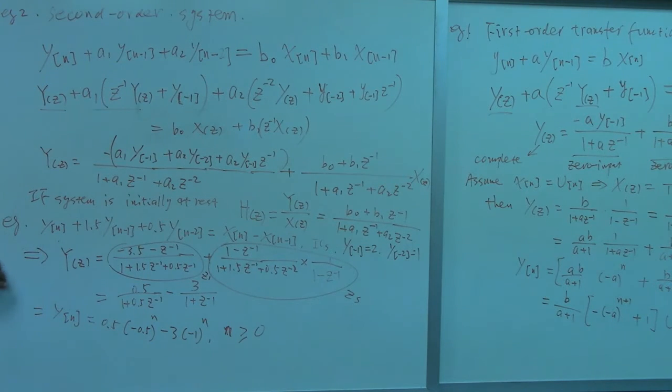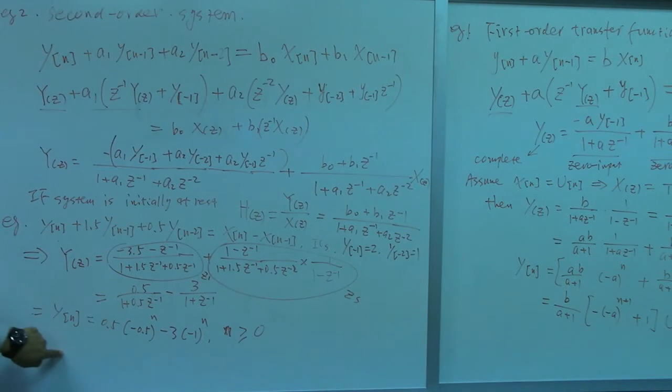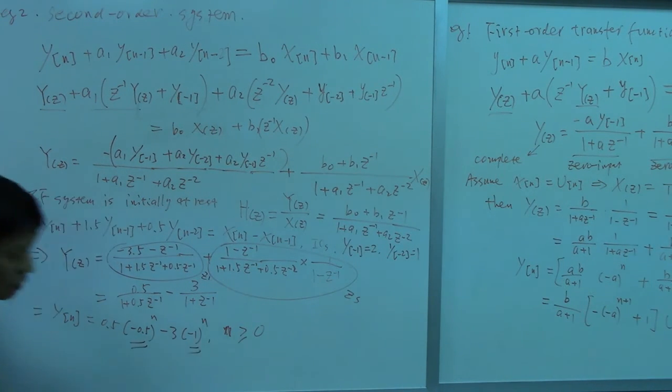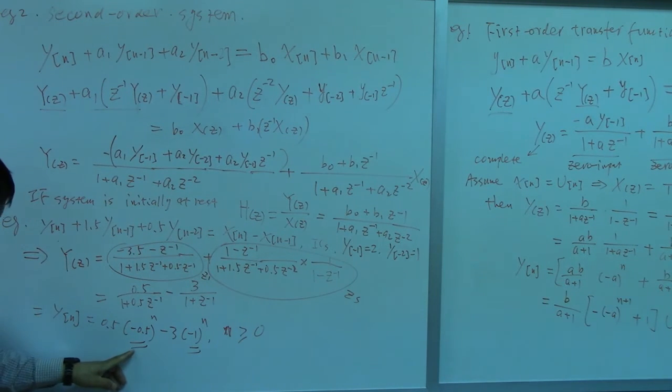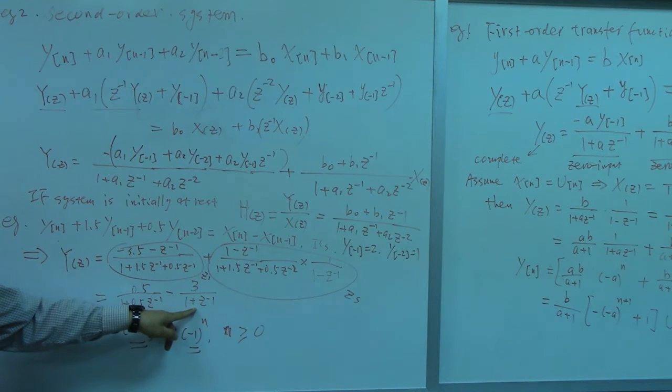How do we know this? Look here. We know this is a stable system, and it depends on this term and this term. So where do this term and this term come from? Oh, it is from here and here. This one gives us negative half, this one gives us negative 1.